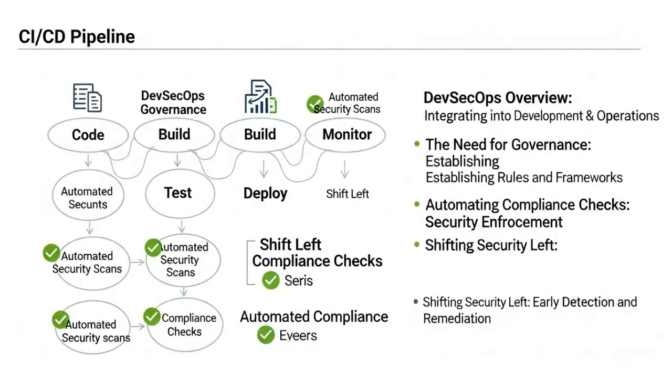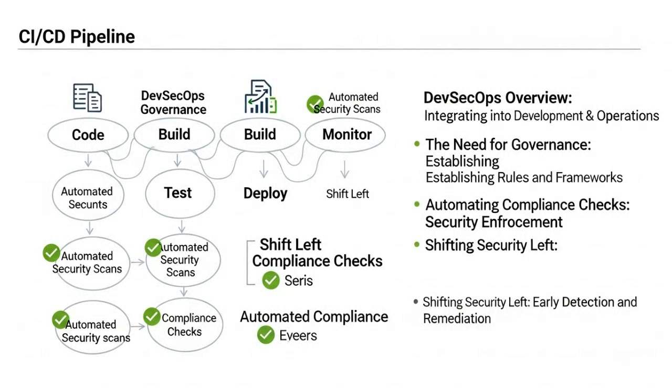The build stage is critical, where tools perform deeper static analysis to identify vulnerabilities and compliance violations in the code itself, such as adherence to coding standards or forbidden functions. In the testing stage, dynamic application security testing, DAST, can scan the running application for real-time vulnerabilities, ensuring compliance with security best practices.